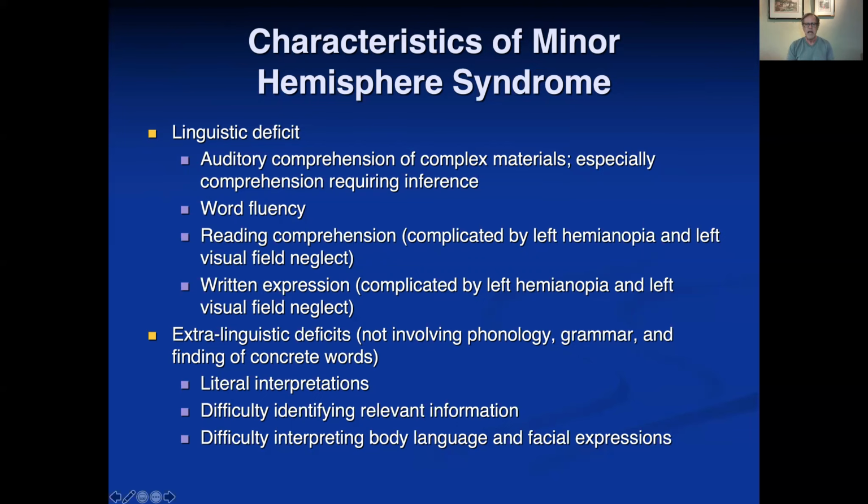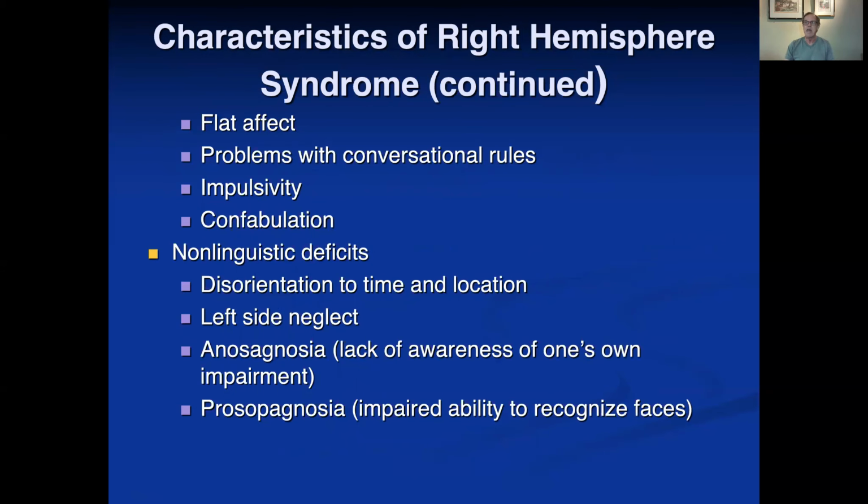They have difficulty identifying relevant information. They have difficulty interpreting body language and facial expressions. They don't seem to recognize facial expressions and their implications, like looking anger, looking pleased, etc. Continuing with that same list, they have a flat affect. That means they themselves look kind of emotionless. That is a flat affect.